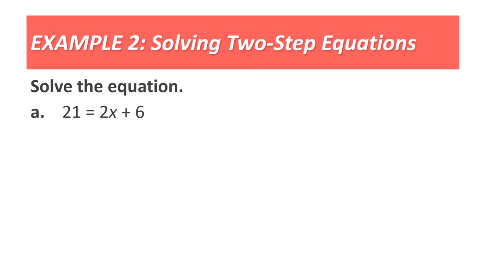Okay, so to solve this, the first thing we have to do is undo what? The addition or subtraction. So we undo the addition by subtracting from both sides. Now we undo the multiplication by 2 by dividing both sides equally by 2.